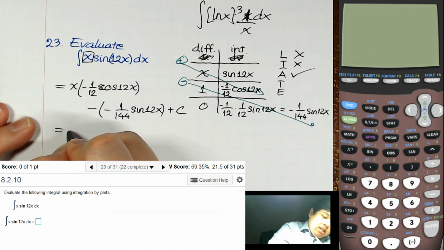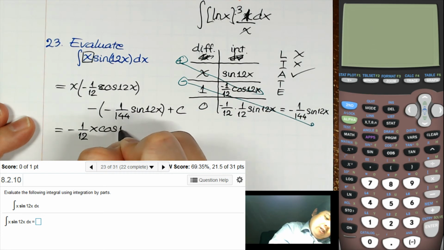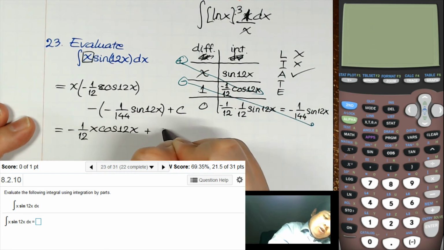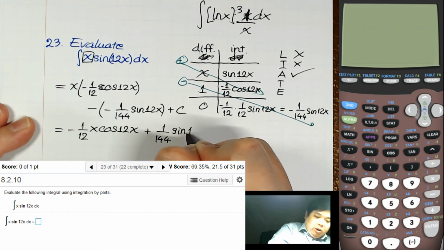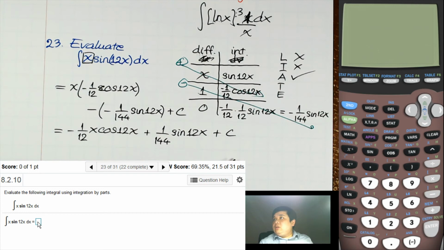Let's rewrite this as negative 1 over 12 x cosine 12x plus 1 over 144 sine of 12x plus c. This problem does say we just use integration by parts.